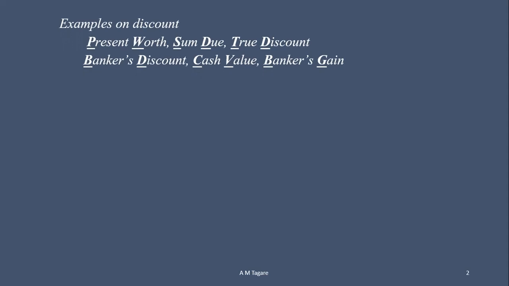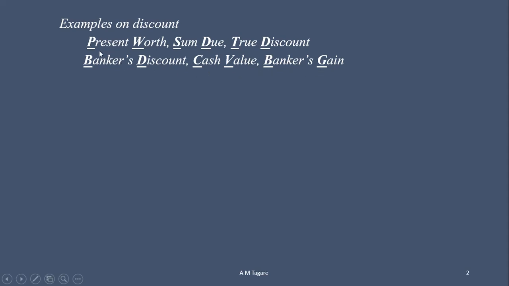In this presentation, we are going to solve a few examples on discount. Before that, we revise a few terms and formulae. These terms are present worth, sum due, true discount, banker's discount, cash value, banker's gain.